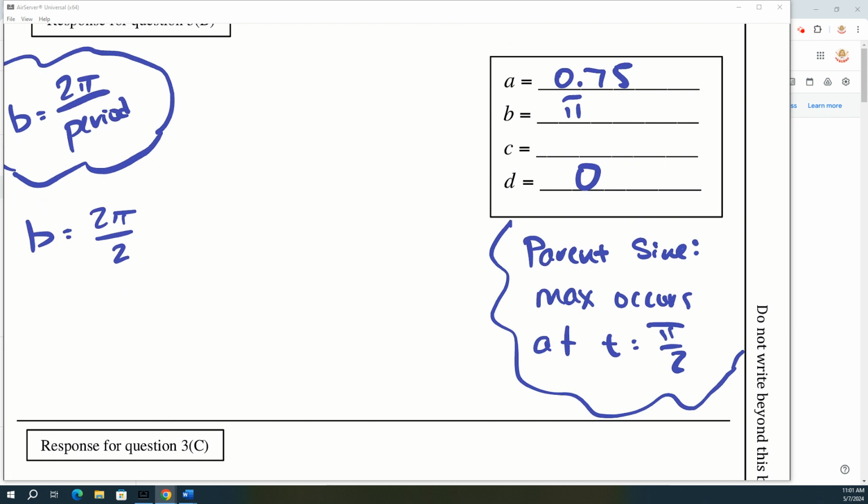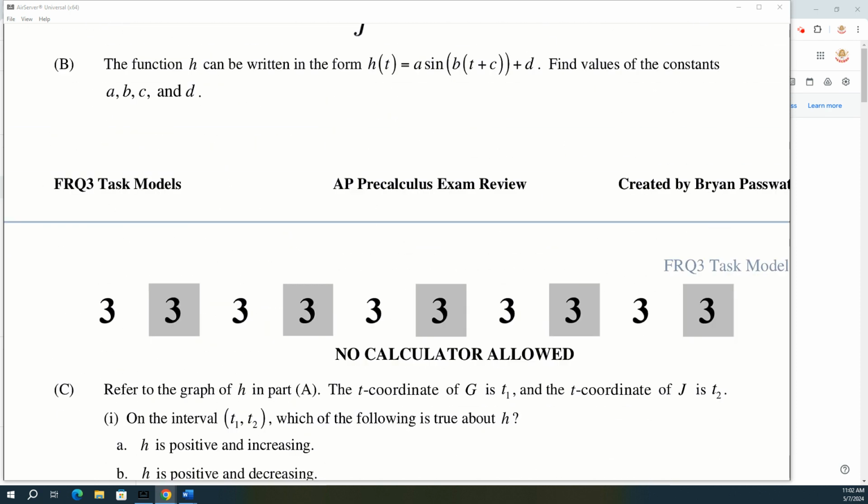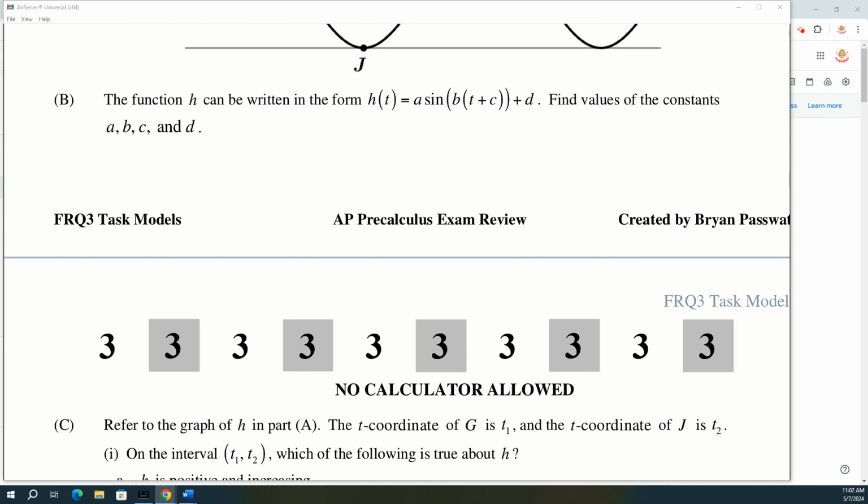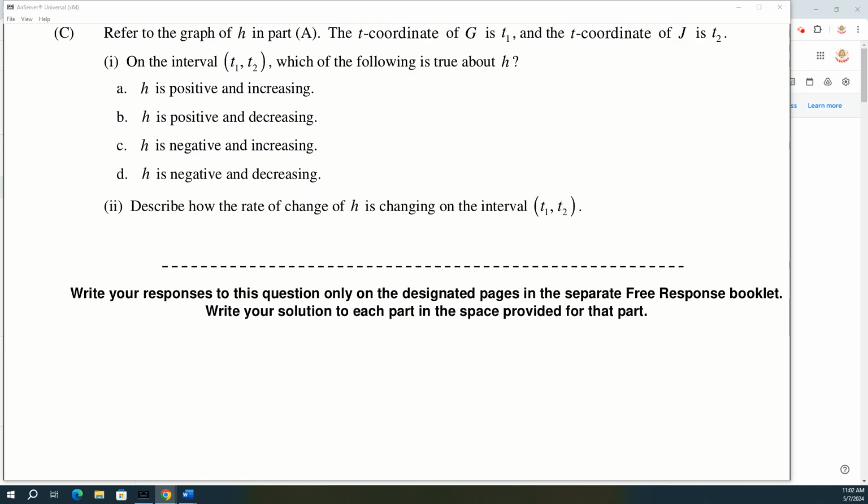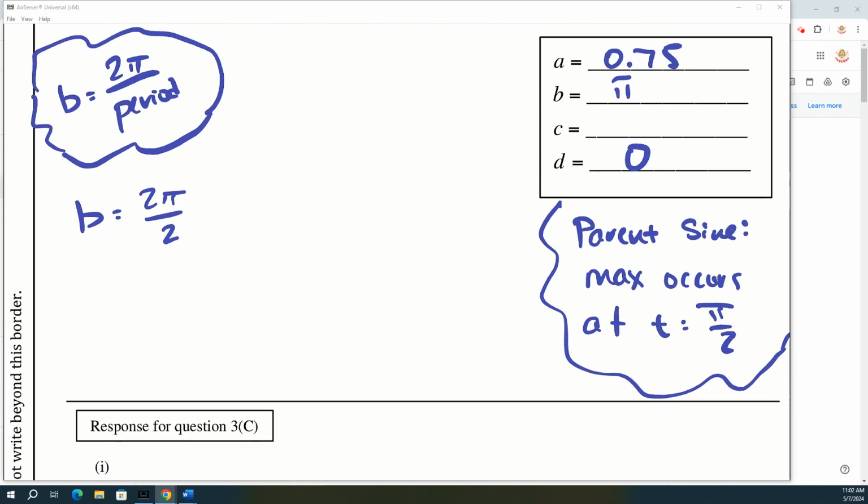All right. So what we did when we learned this before, is we would take everything that is in the parentheses after the sine. So if you're looking at your yellow paper on part B, I'll scoot down just a second. What we're going to do is take this stuff, and we're going to set it equal to where that maximum usually occurs on sine.